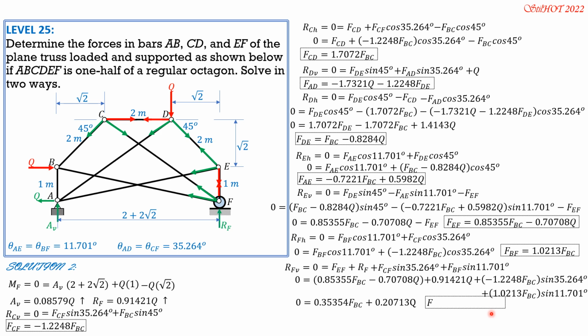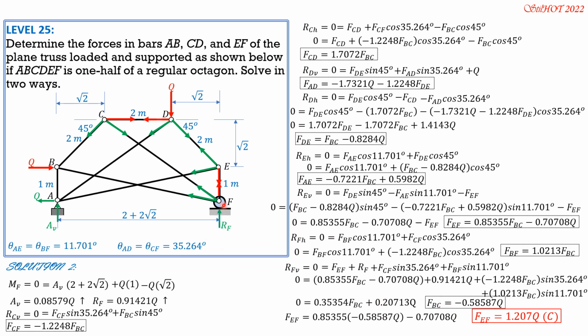So having found FBC, we can now solve for FEF, which is required. FEF is equal to this. FEF is 0.85355 of FBC, and FBC is negative 0.58587 Q. Then minus 0.70708 Q. So FEF is equal to negative, and it is compression, which is the same answer as before, first solution.